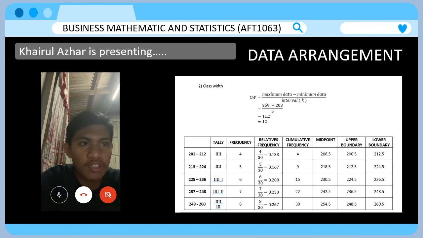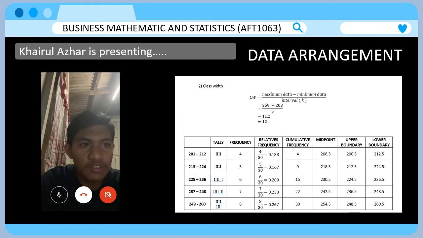Next, the question requested the tally, frequency, relative frequency, cumulative frequency, midpoint, upper boundary and lower boundary. So we made a table to make it nice. In the first box we put the class width, which is 12, from the lowest data in the table to the maximum data. In the second box we put the tally.